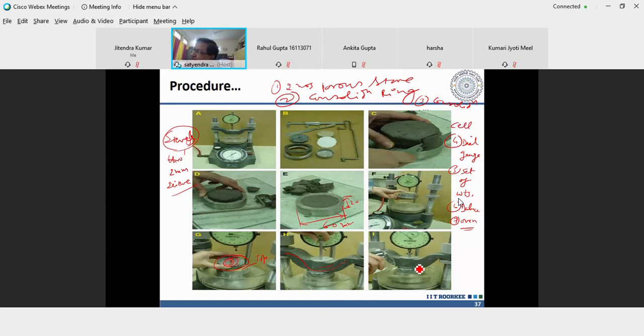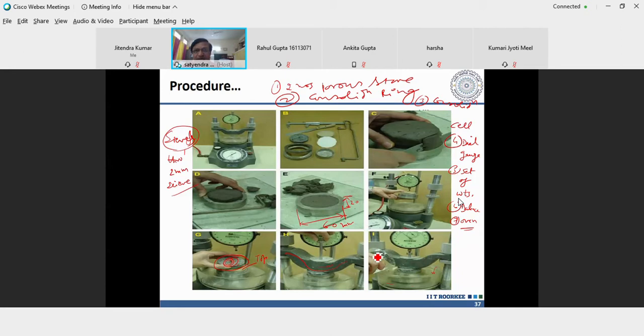After the setup is ready, means all the connections are done, when we are sure that the sample is properly placed, after that we fill water into this consolidation cell.